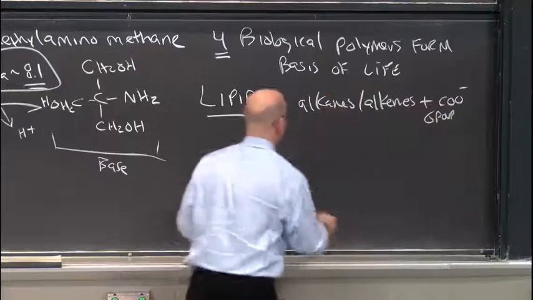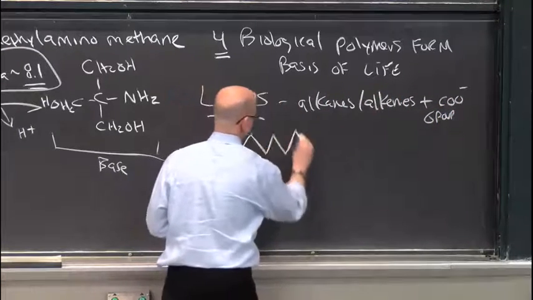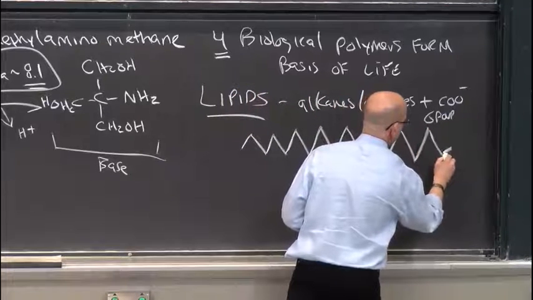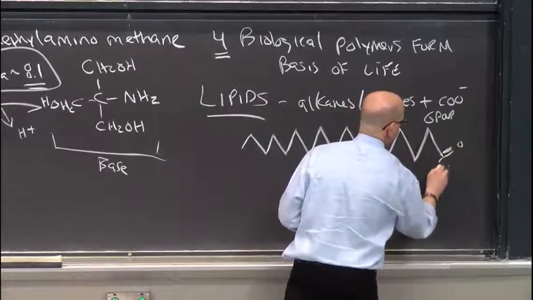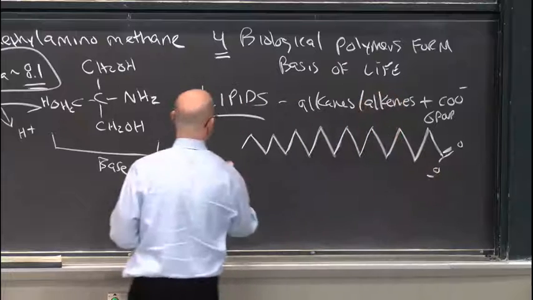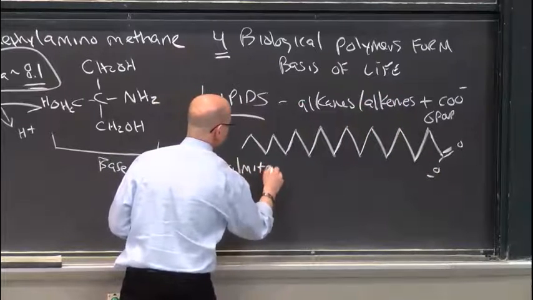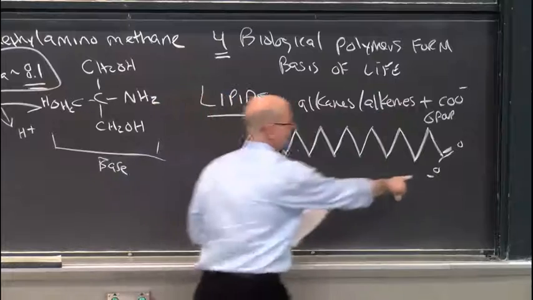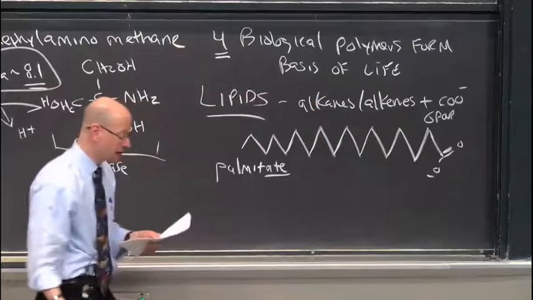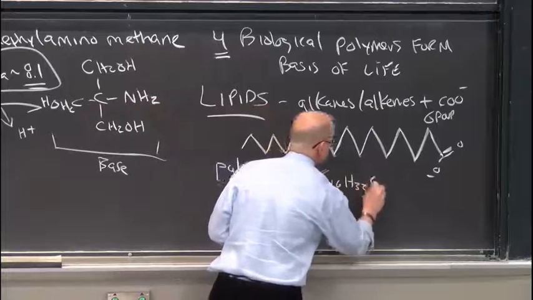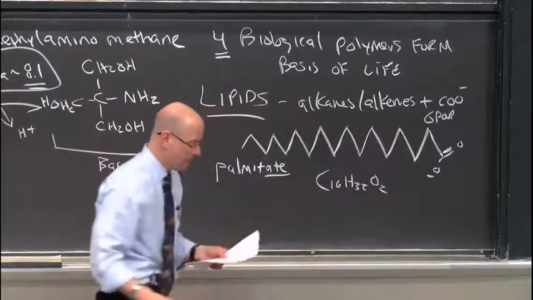So, for example, 1, 2, 3, 4, 5, 6, 7, 8, 9, 10, 11, 12, 14, 15. This is an example of palmitate. Palmitic acid. I'm calling it palmitate because I'm drawing it in the anionic uncharged form, C16H32O2. Okay? That's one class.